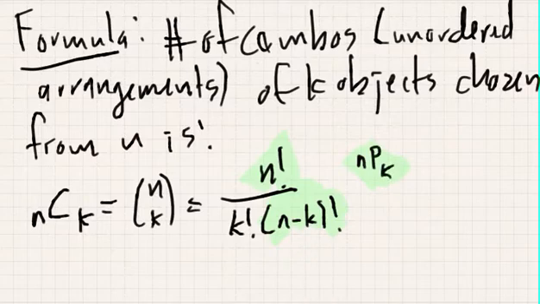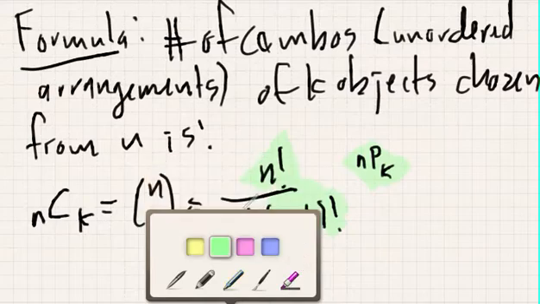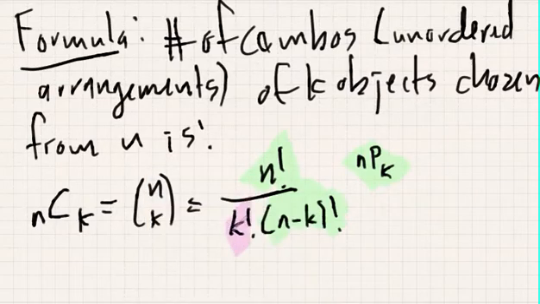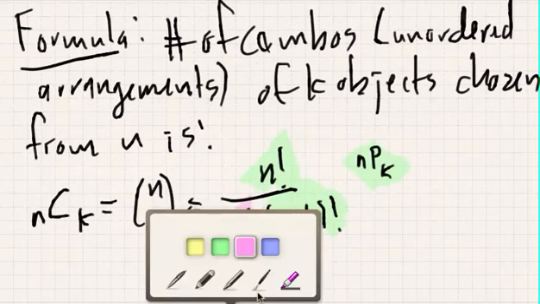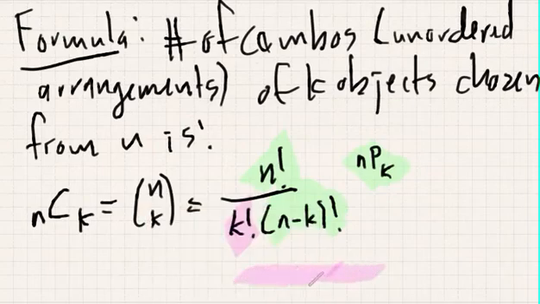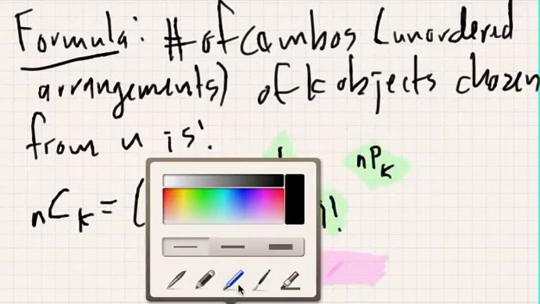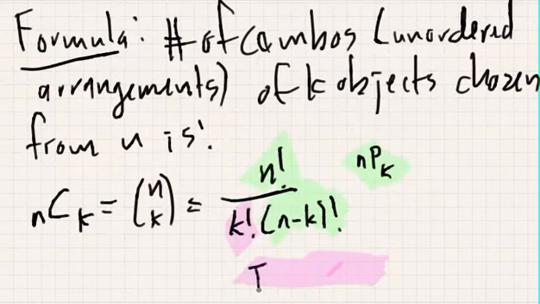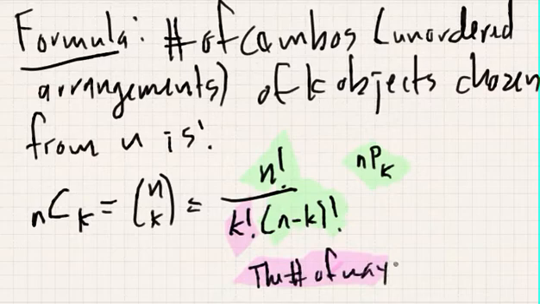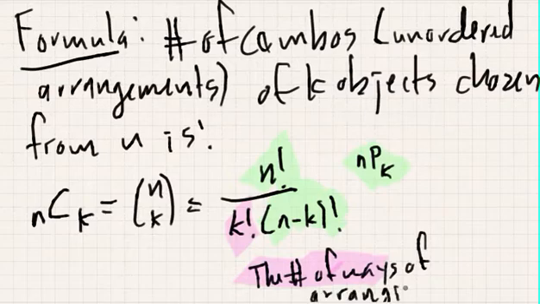This k factorial piece right here is really the number of ways of arranging k objects.